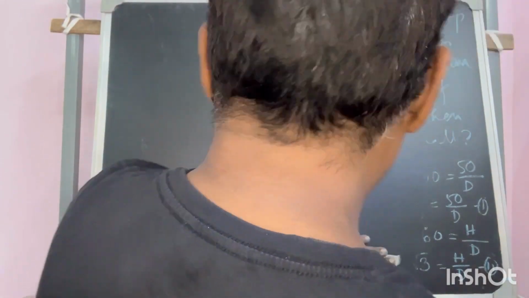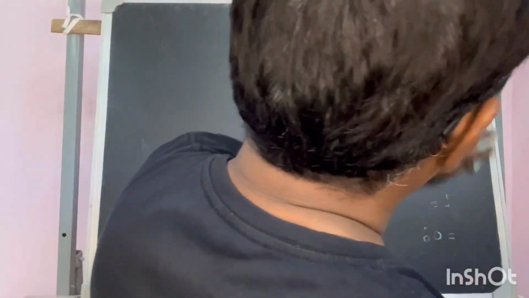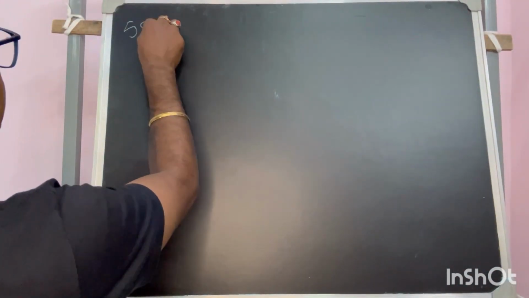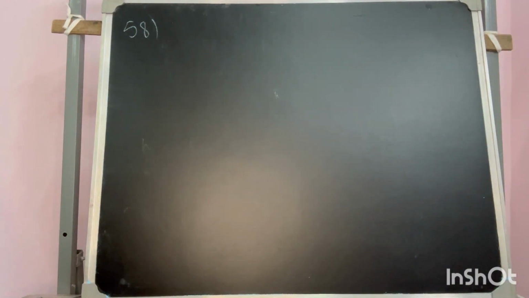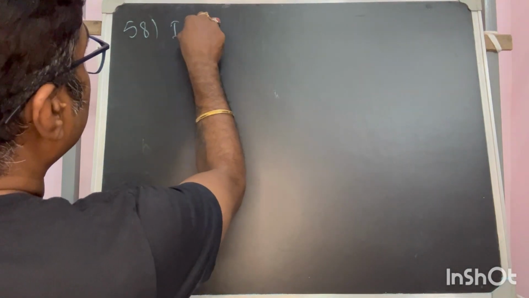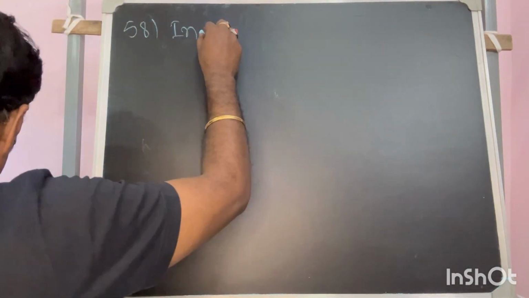So that is gone, your 57. So I will move on to 58. 58 says, in triangle ABC, let me write the sum first.